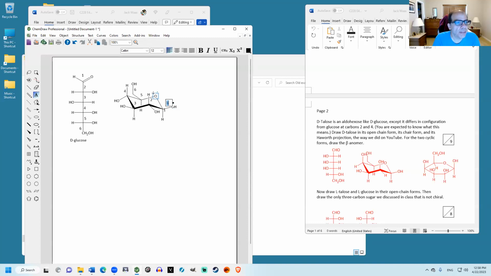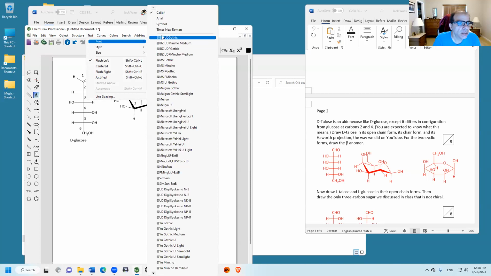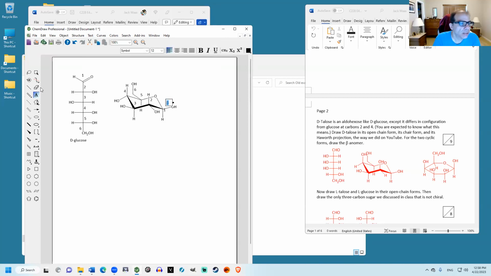And then over here, we've got the beta anomer. So that's how glucose looks. We need to switch the configuration of carbons 2 and 4. So we need to make the 2 and 4 OHs axial rather than equatorial. And that's exactly what we've done over here.